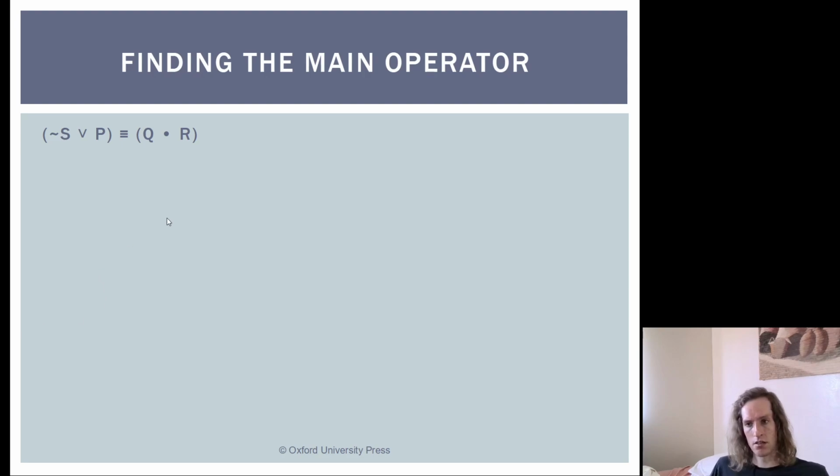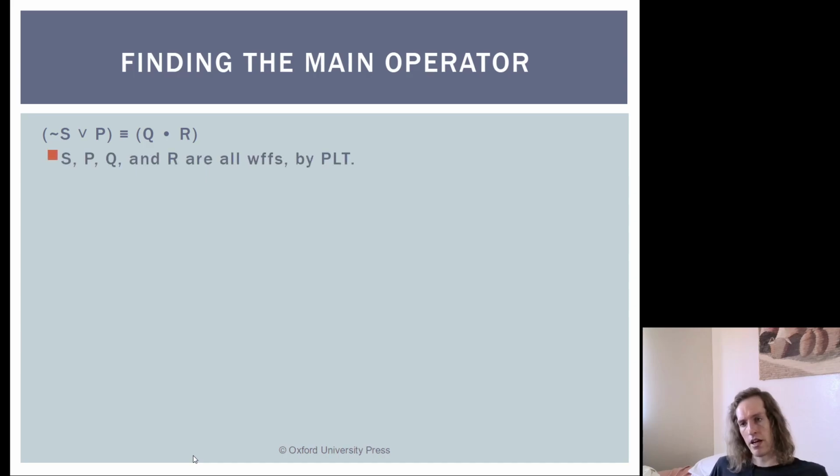So the biconditional right here is going to be the major operator. We would characterize this formula as a biconditional, even though it has a negation and a disjunction and a conjunction inside of it.